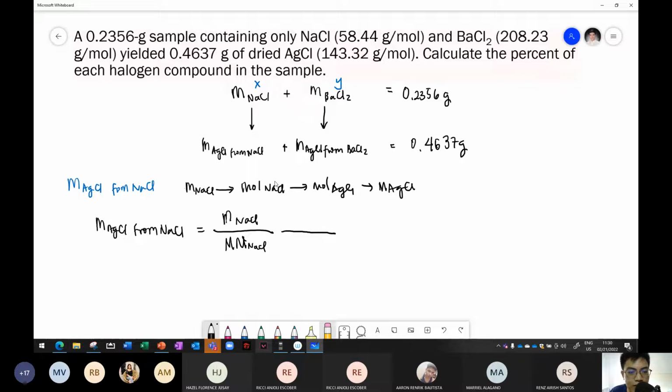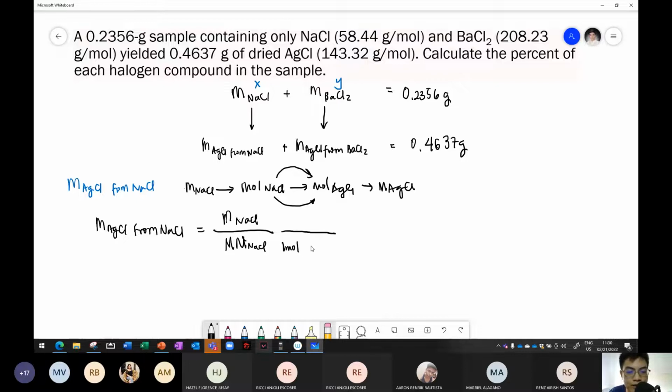And then how about this one? The conversion of NaCl to AgCl. Ang titignan mo this time ay yung Cl. Okay? Yun yung common element sa kanila. Tignan mo yung ratio ng Cl nila. 1 to 1, di ba? Okay. So ilang Cl from NaCl and ilang Cl from AgCl. So tig-isa sila. So meaning tig 1 mole lang yung kanilang stoichiometric relationship.